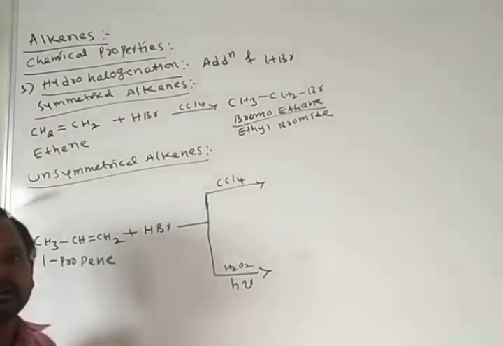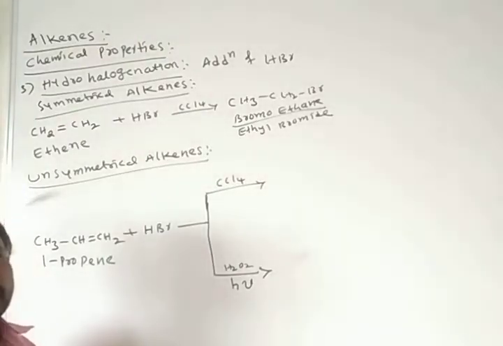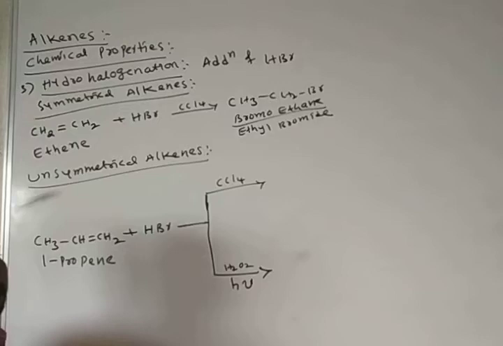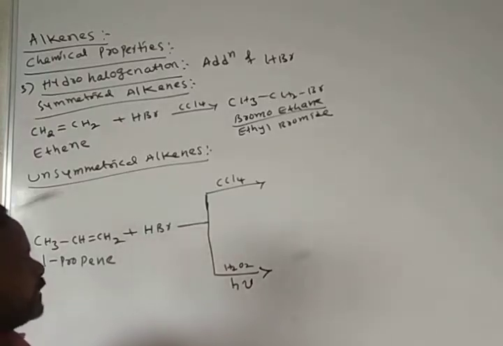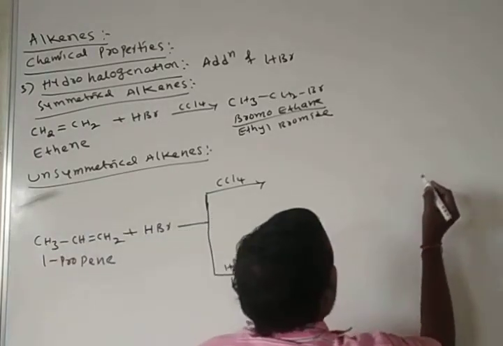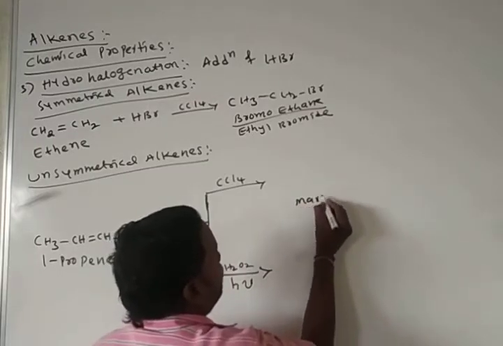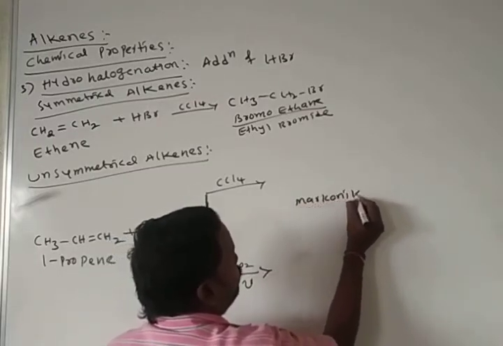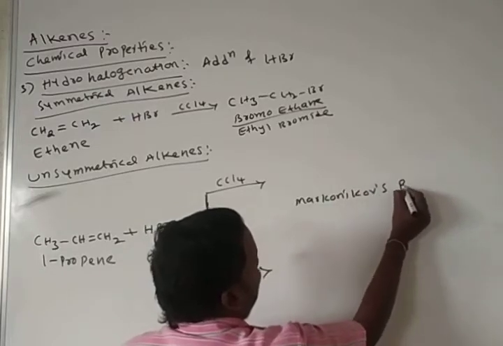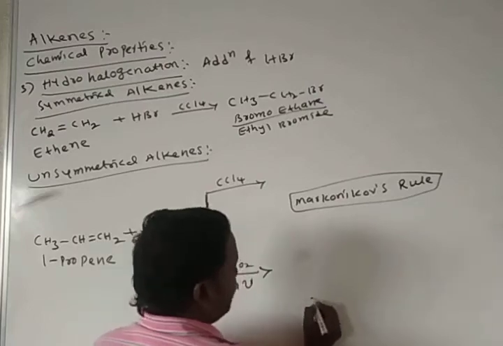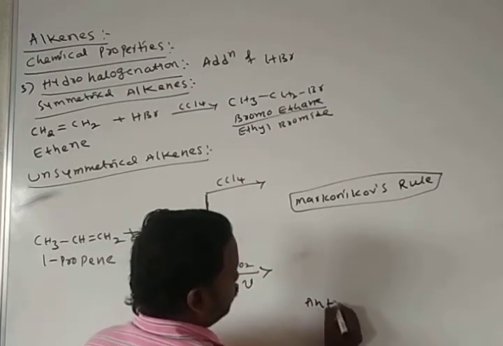We already know about the Markovnikov rule from the last videos, so I don't want to explain it again here. Hydrogen is added here and bromine here, but one follows the Markovnikov rule and the other follows the anti-Markovnikov rule.